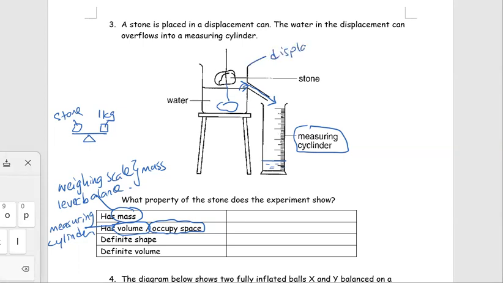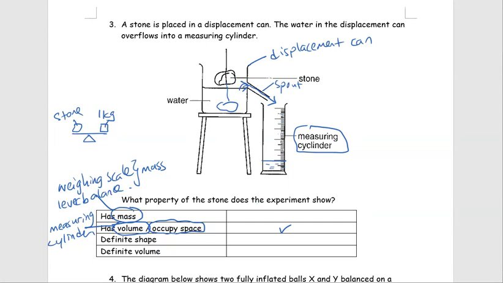A displacement can is like a beaker with a little spout, for the water to flow out. So yes, it shows that the stone has volume. Does it show a definite shape? No. Definite volume? No, it doesn't show the compression. So it's volume only.